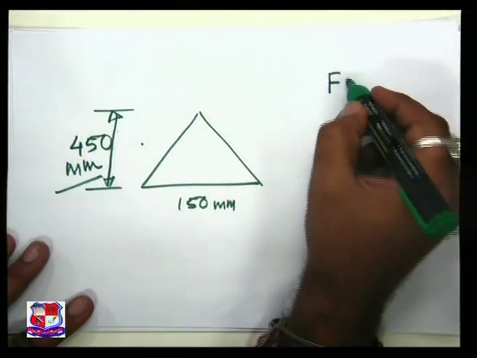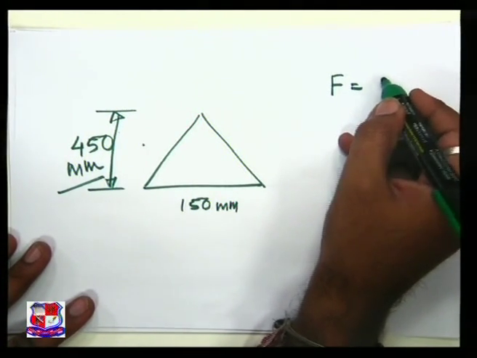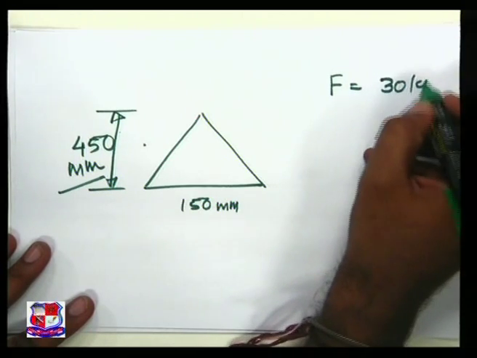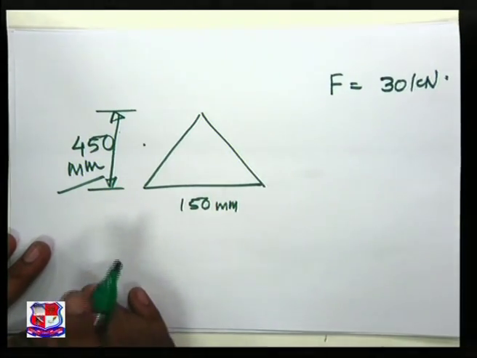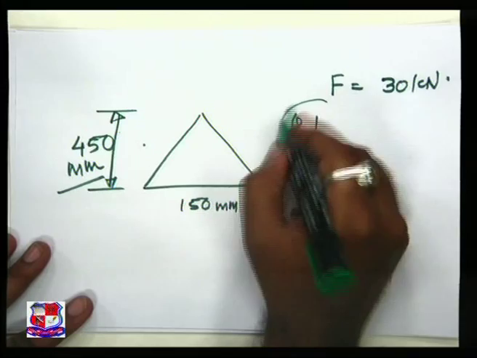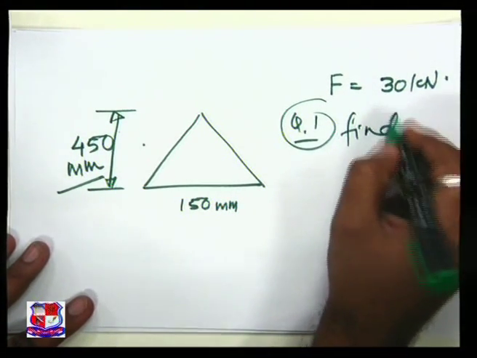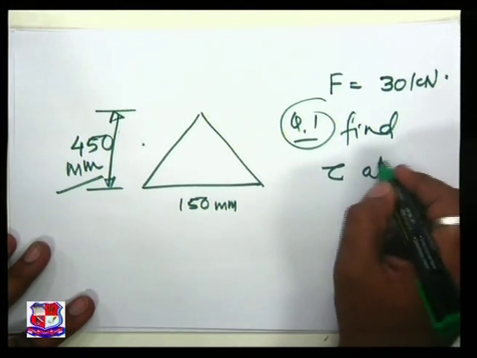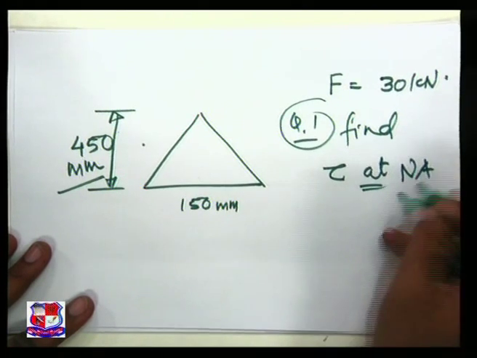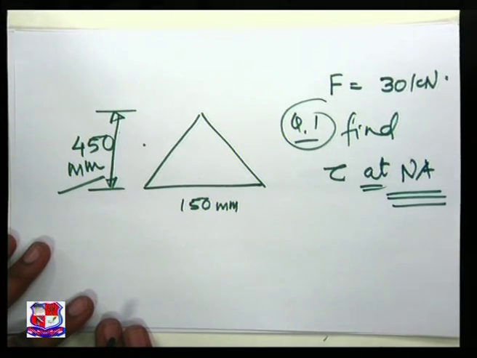The shear force subjected on this section is 30 kilonewton. The question number 1 asked is to find the shear stress tau at the neutral axis.